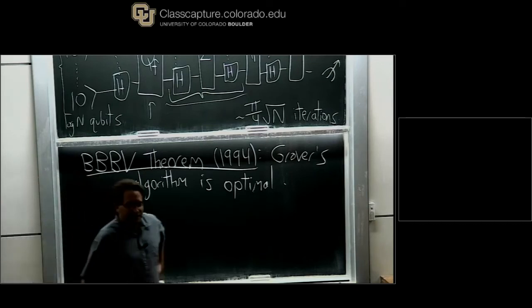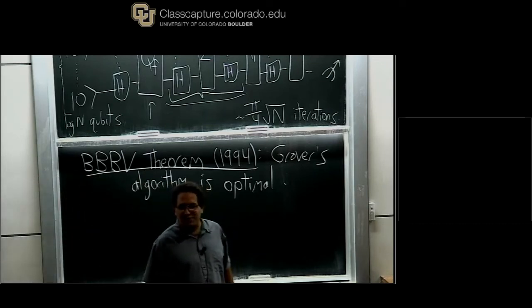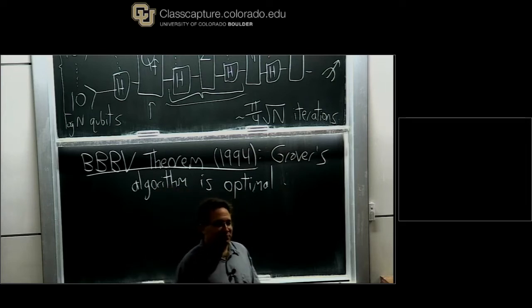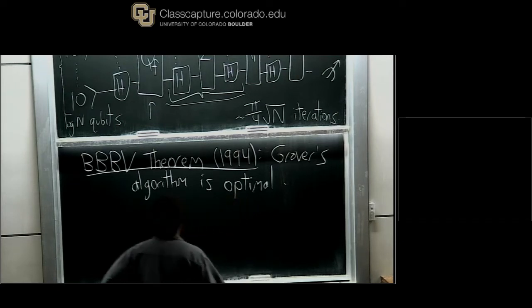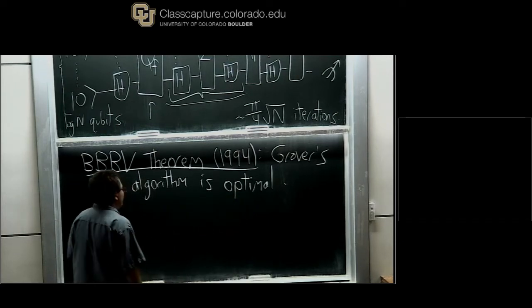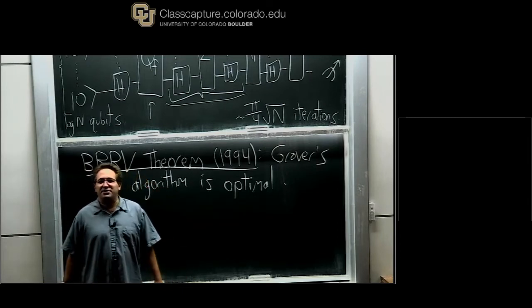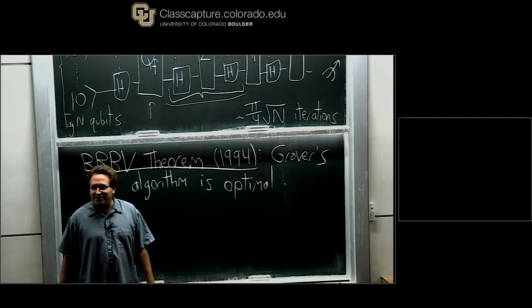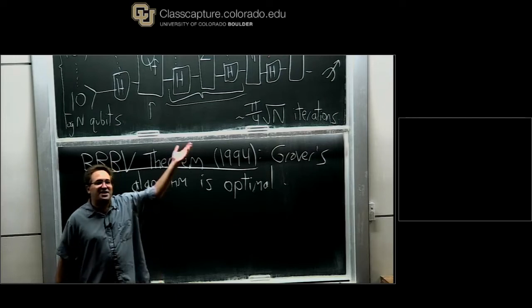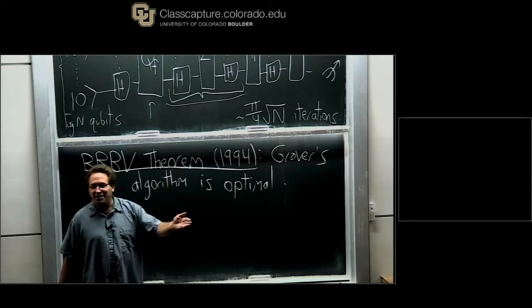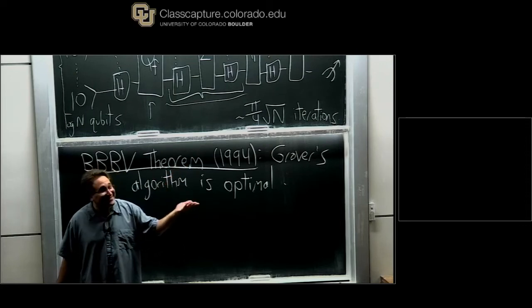Ironically enough, it predates Grover's algorithm. So this is one of the rare algorithms that was proved to be optimal before it was discovered to exist. I think when BBV proved this, they said, we really want to show that a quantum computer needs n queries to do search, which is obviously the right answer, but there's some defect of our analysis why we can only show that at least square root of n are needed.